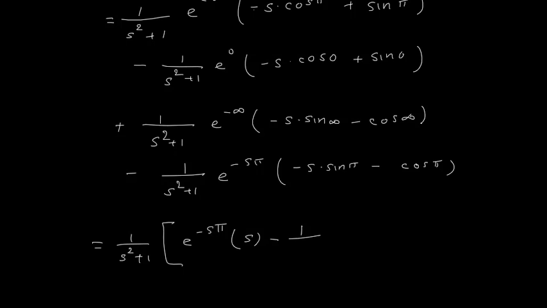Then I have minus e power 0, which is 1, so 1 upon s square plus 1, then minus s into cos 0 is 1, so this is minus and this is minus, which makes plus, so it is s upon s square plus 1.